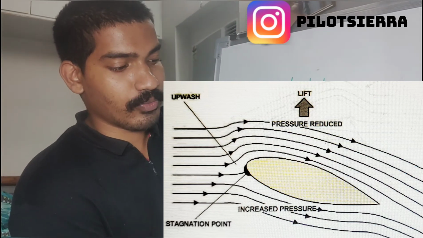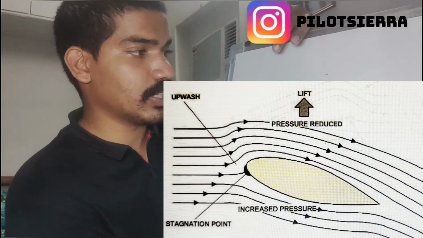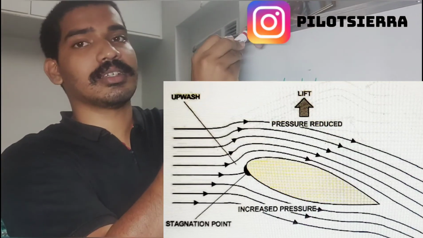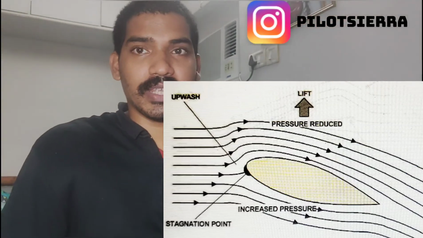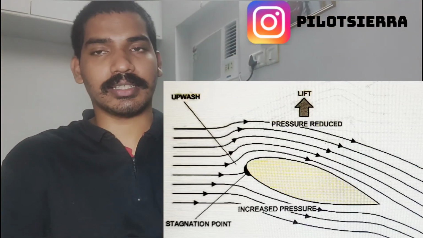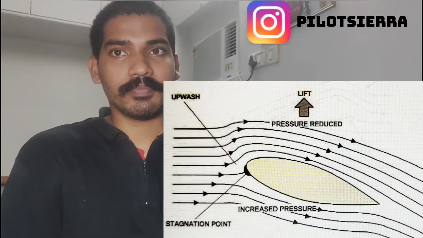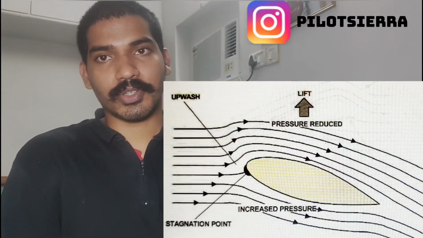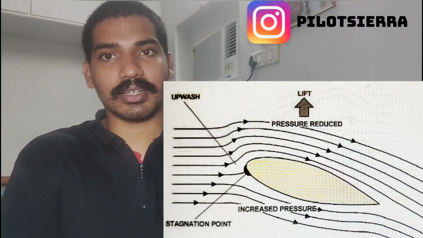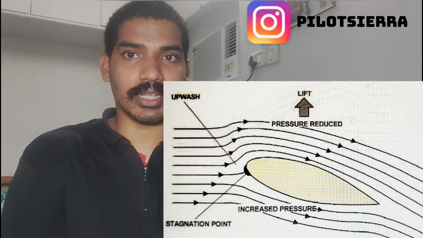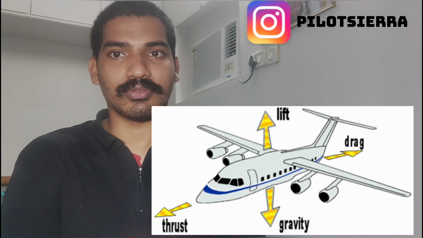But when the angle of attack is increased, the picture would show up, what happens is the airflow, like an asymmetrical aerofoil, below is slower and above is faster, which causes lift. There's a limitation to the angle of attack, which I'll cover in the next video. We'll be covering lift, the formula of lift, and calculation of lift also in the next video.